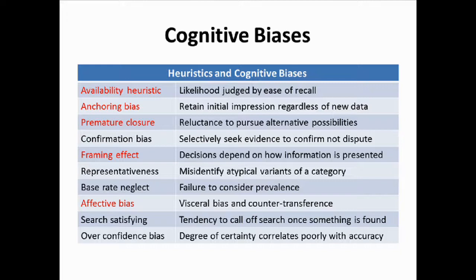In terms of the cognitive biases, I want to highlight a few. In some of the research in clinical reasoning, they found that many of the biases, there's about top 5, and so I'll go through them. So the availability heuristic: a likelihood judged by the ease of recall. I have a certain pattern recognition in my head.